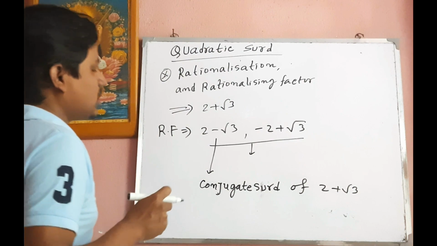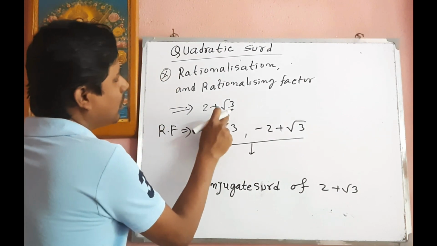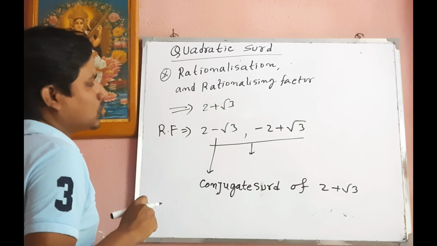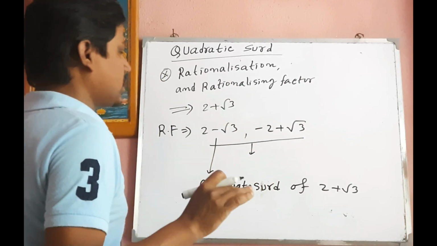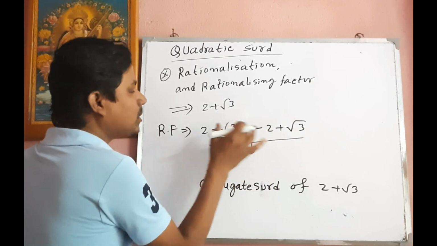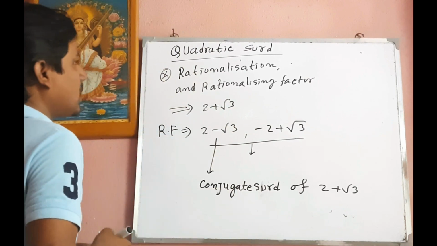So in this discussion we can see this is the conjugate of 2 plus root 3, and this is the only rationalizing factor. So among the two rationalizing factors, one is the conjugate.